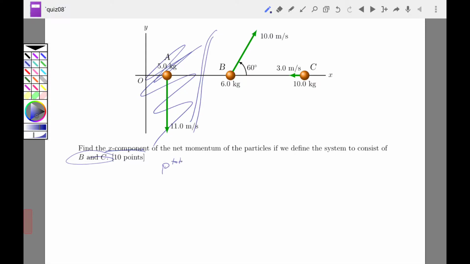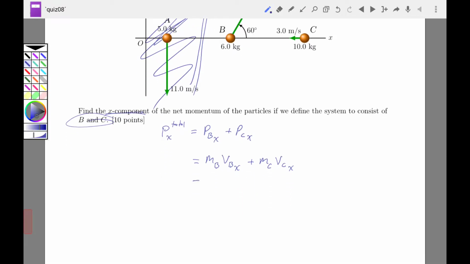So P total x will just be the momentum of B in the x direction plus the momentum of C in the x direction. The momentum of B in the x direction is the mass of B times the velocity of B, x component. And then the momentum of C in the x direction is the mass of C times the velocity of C in the x direction. So that is 6.0 kilograms.